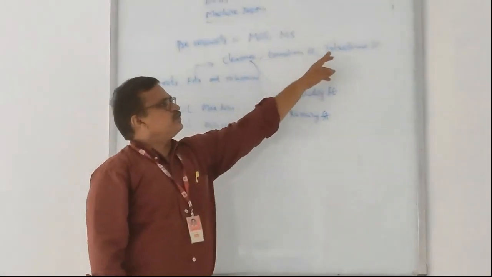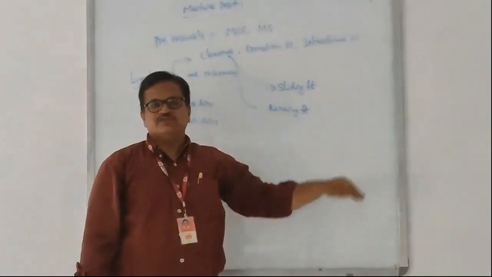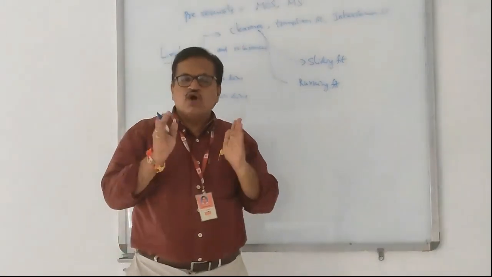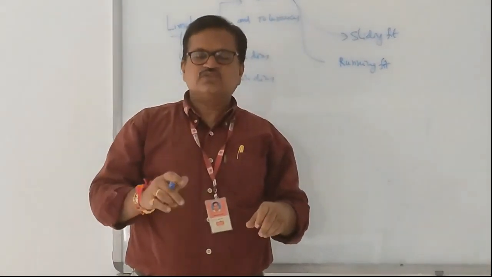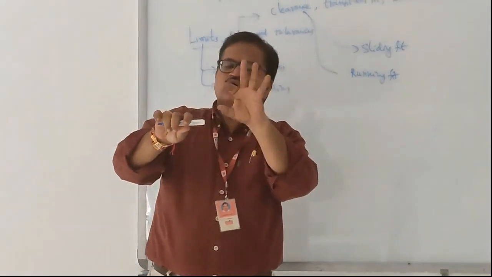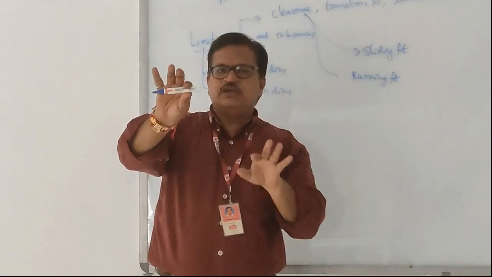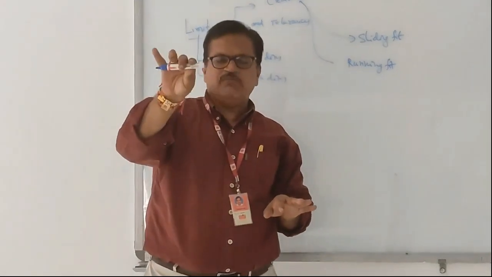Then transition and interference. First let us talk about interference. Interference means one is being obstructed by another. Suppose this is having an outer diameter of 1 inch. That means roughly 25 mm, let us say.